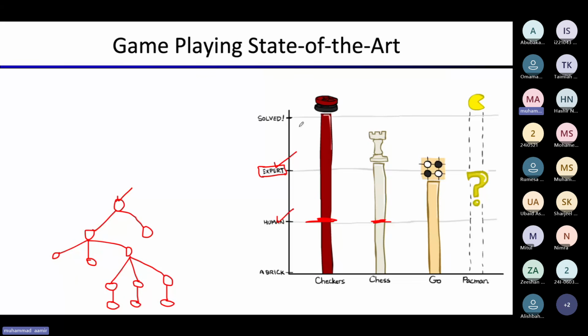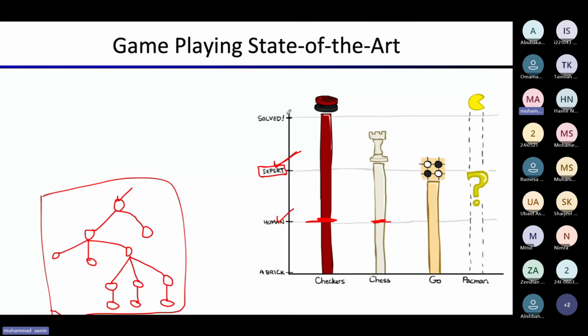But a computer, an algorithm, can save this complete search tree, a complete game tree of that game, and a computer can foresee all the possible next moves before taking any move. That is why we are saying the expert is even better than the human. I hope I made this point clear to you.